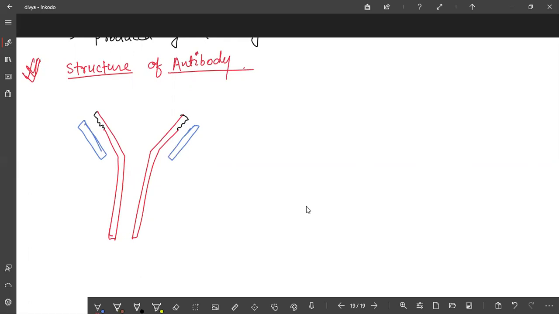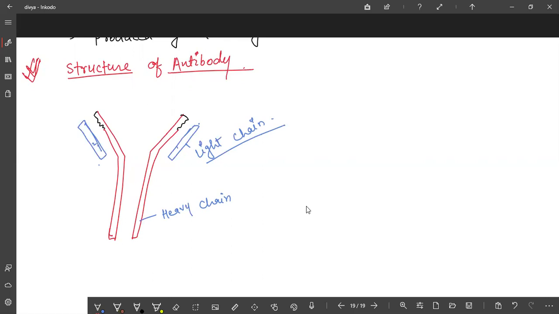So this is heavy chain, and this one is light chain. So how many light chains are present? Two. One and two. Okay.